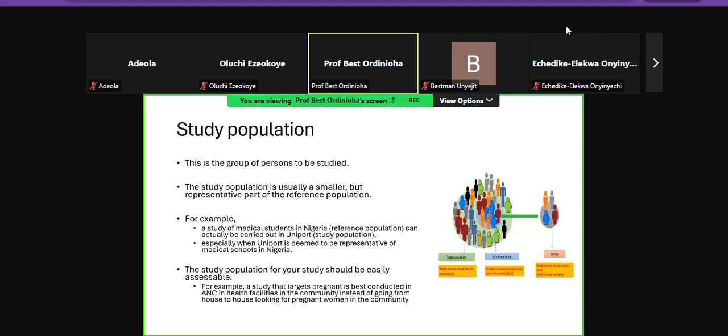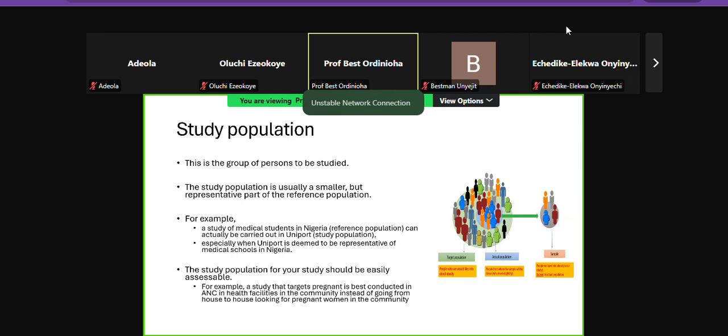Okay. Then the other one is the study population. We talked about study population under specificity of objectives. You have to specify the population, and it should be almost like representative.